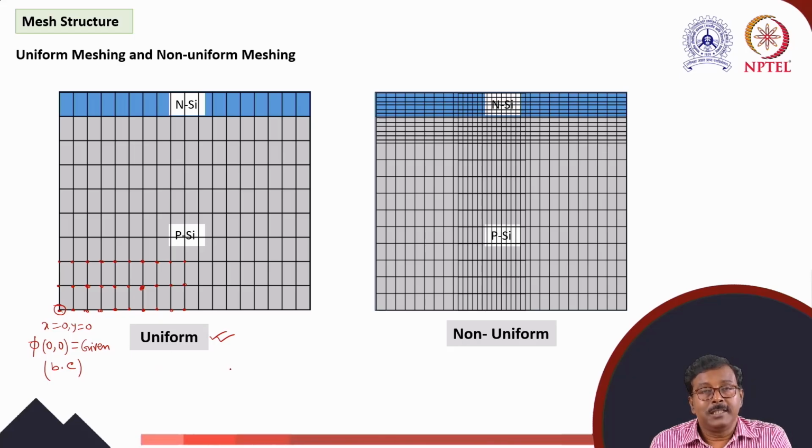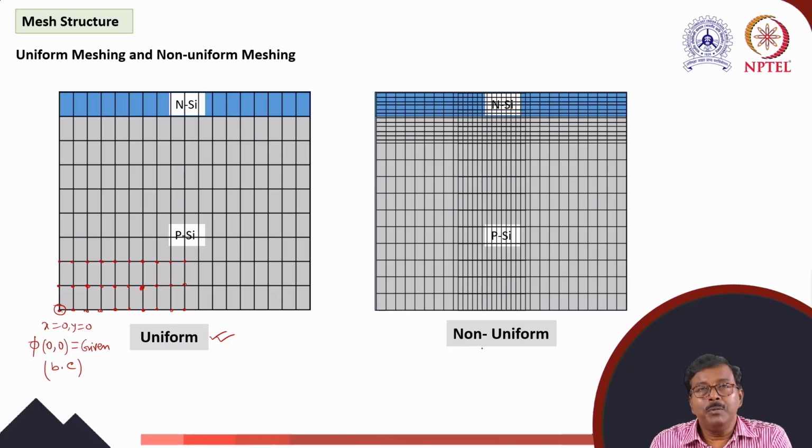But at the same time, it consumes more memory allocation, computer resources, and also time. So if you increase the density of mesh or number of nodes, it will take more time and use more computer resources, but it will give the accurate result.